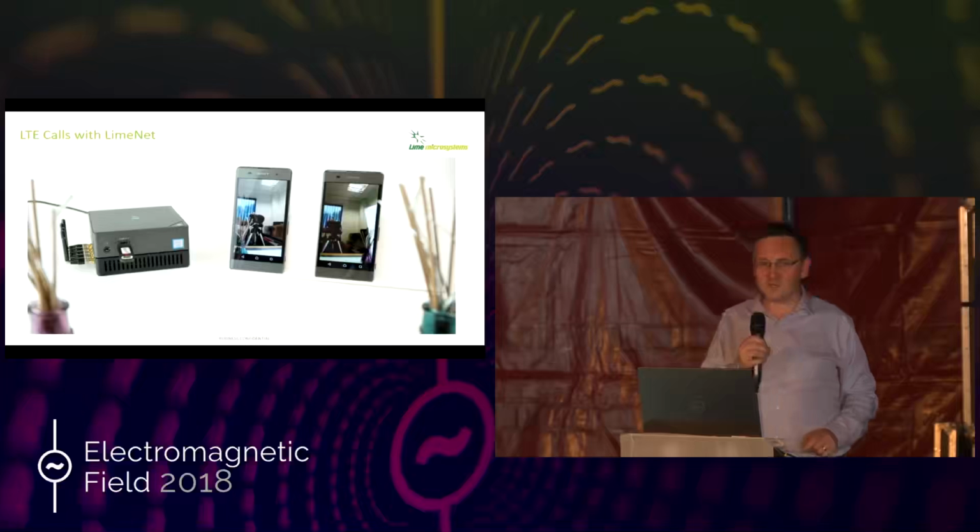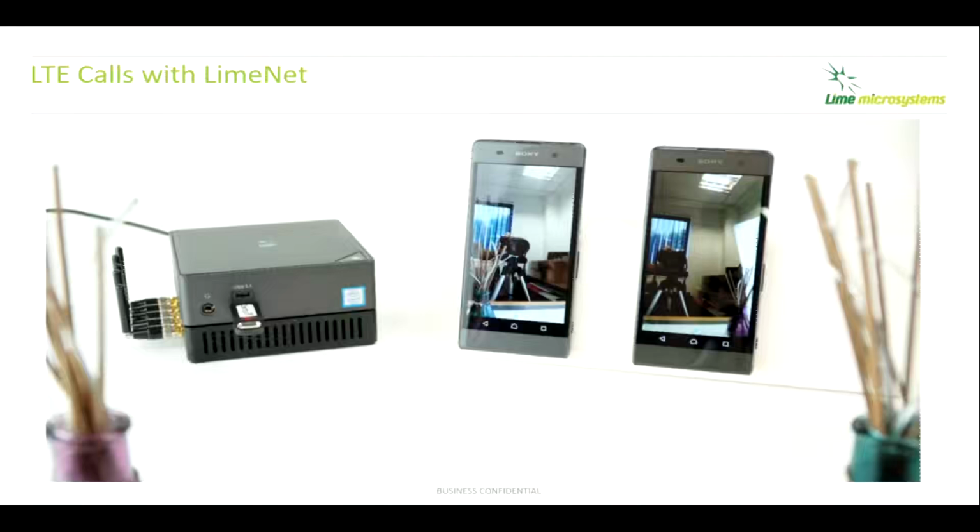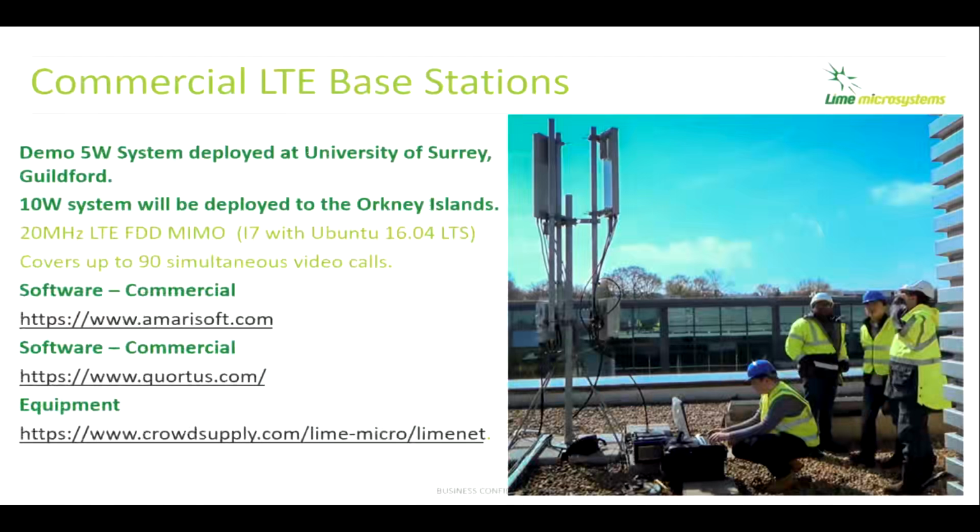At the high end, we have systems with a high-end processor, an i7 processor, and this is being used to generate 4G signals and allows you to do video telephone calls around the office or in a small local area. And it's also being used in some macro base station developments.